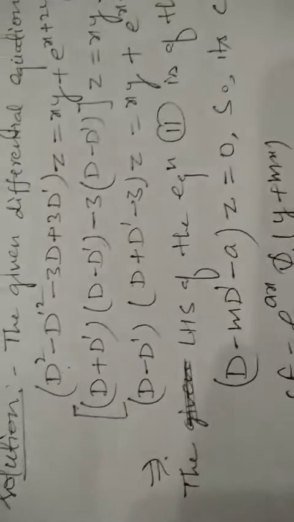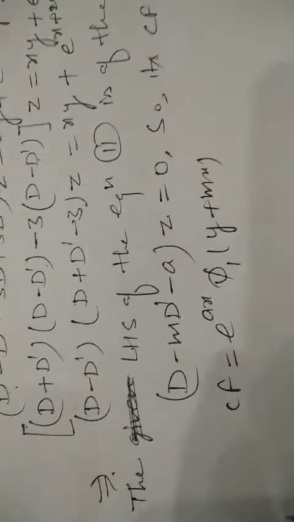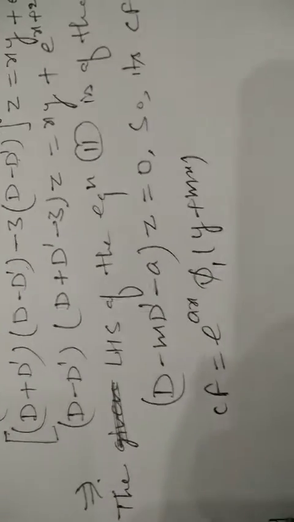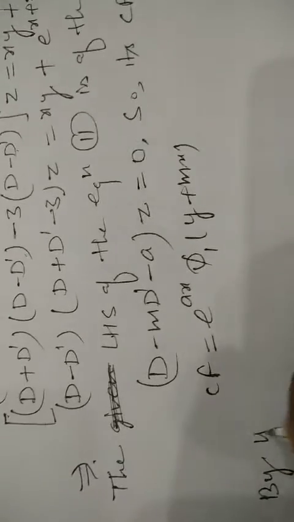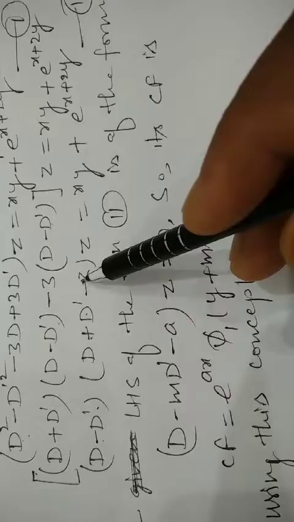So by using this concept, there are two factors, D minus D dash and D plus D dash minus 3.